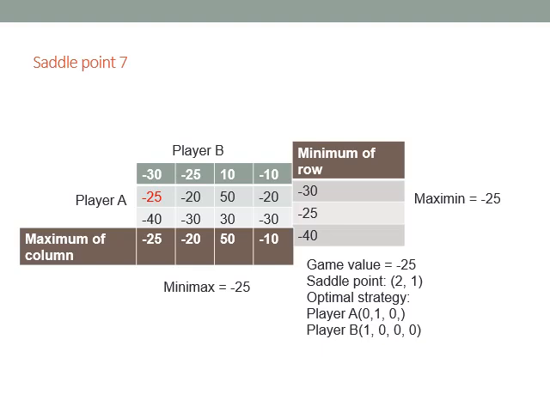The common value between maximin and minimax is negative 25. Therefore, the game value equals negative 25.